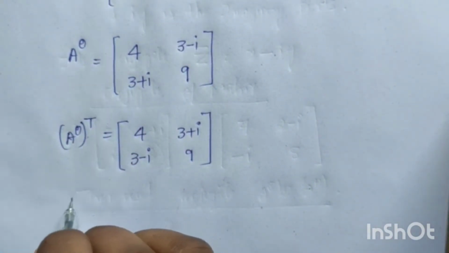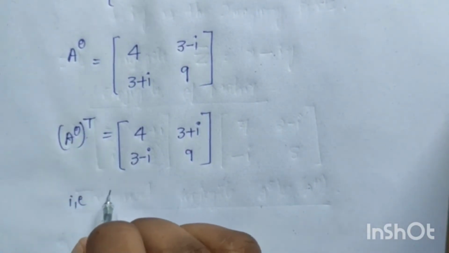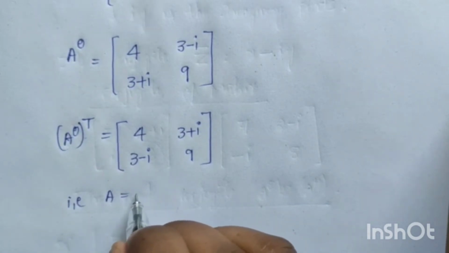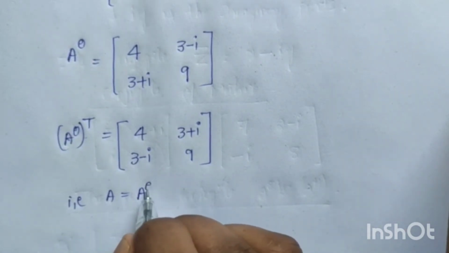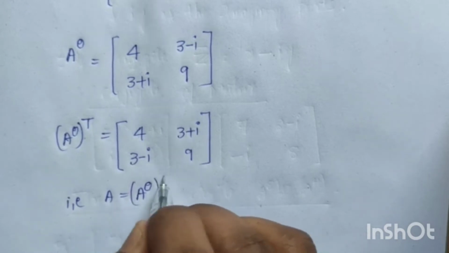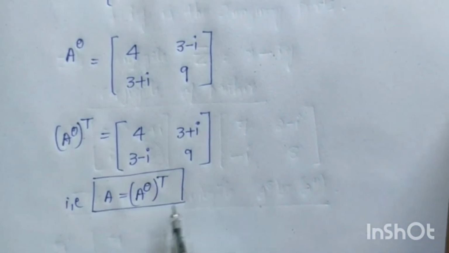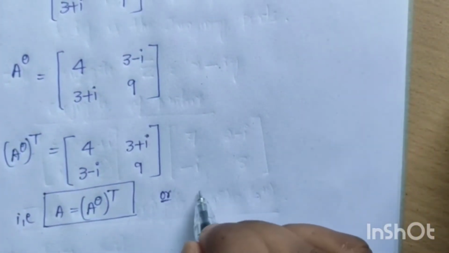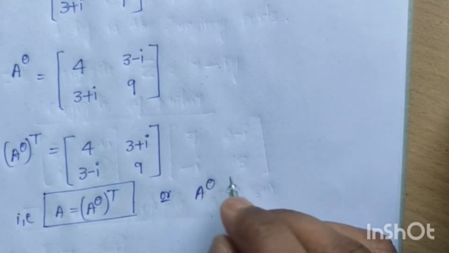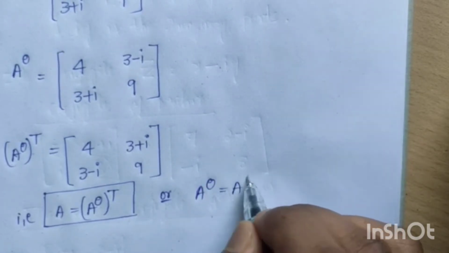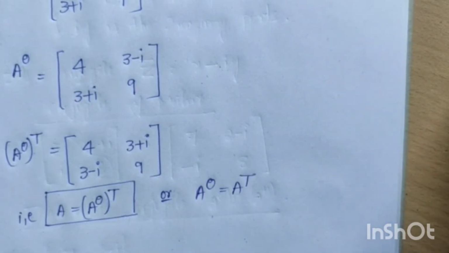That is, A equals A conjugate whole transpose, which is called a Hermitian matrix.